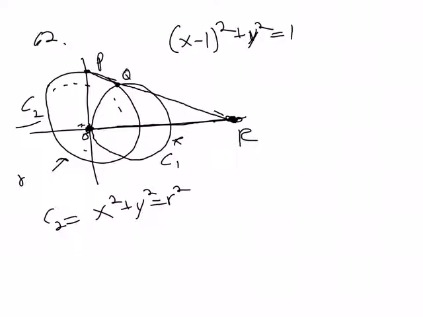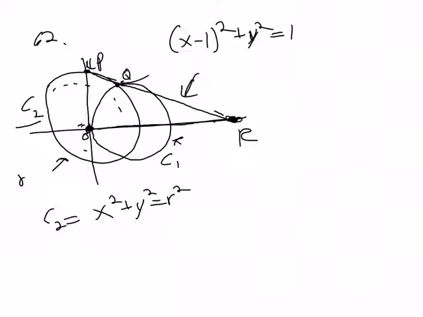So the way to do this is to find the function for this line. The way to do that is to find where Q is and where P is, use that to find the slope of the line, and then use that information to determine this line, and then take r to 0.